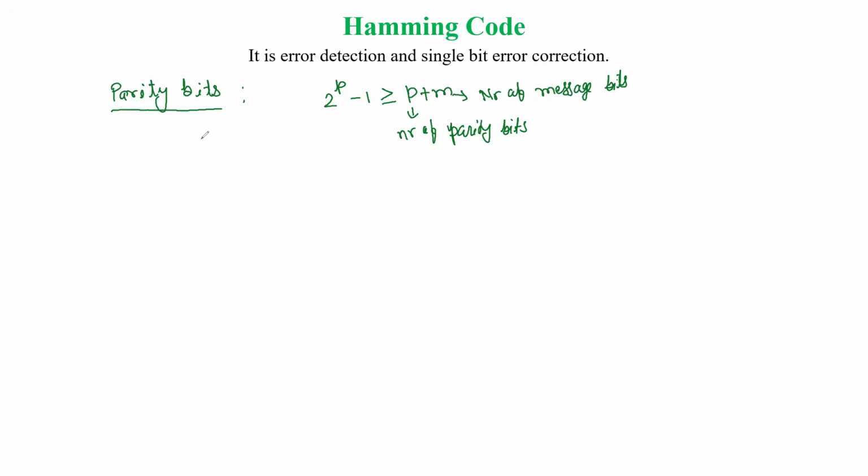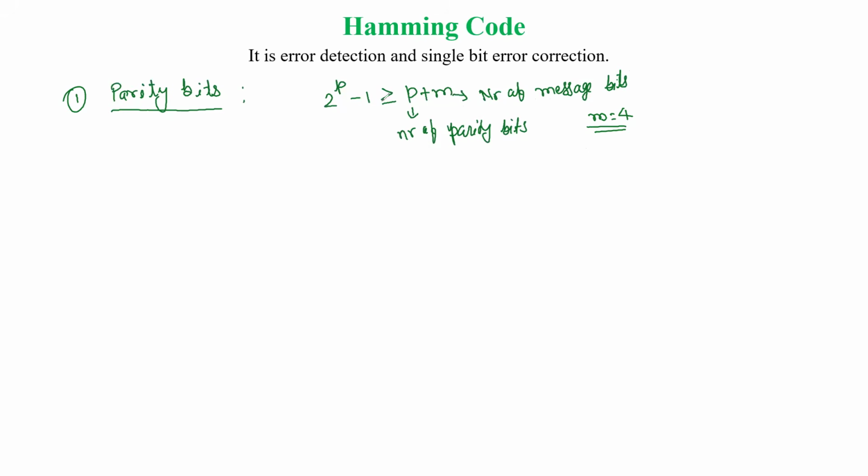Now suppose, for example, this is the first step: we decide how many parity bits there are. If we take m equal to 4, we are going to transmit 4 message bits.